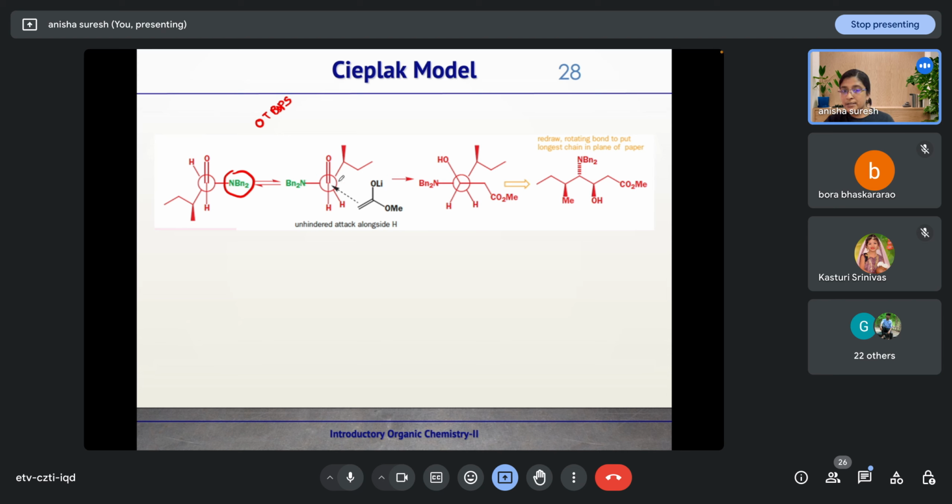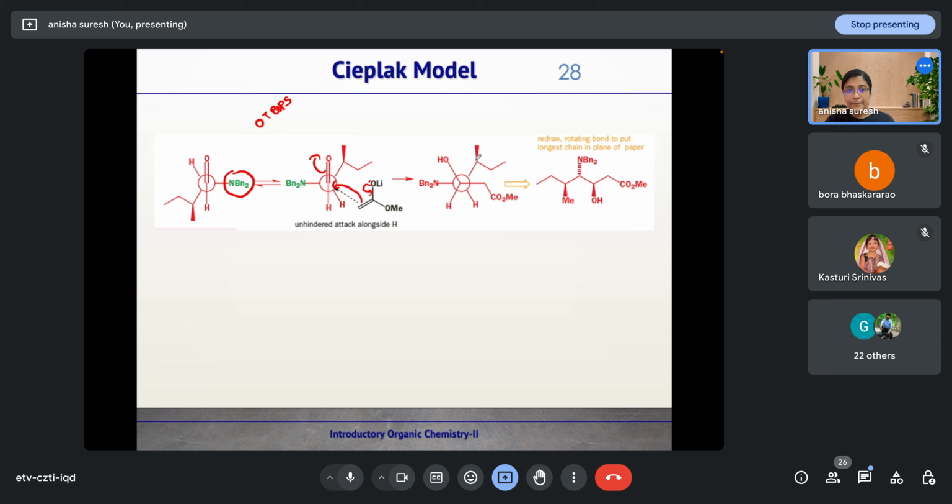So if we rotate these groups such that the unhindered attack will be possible, since there is hydrogen here, it will attack in this fashion, and O minus will be forming. So we will get this, and if we redraw it, we will get this molecule.